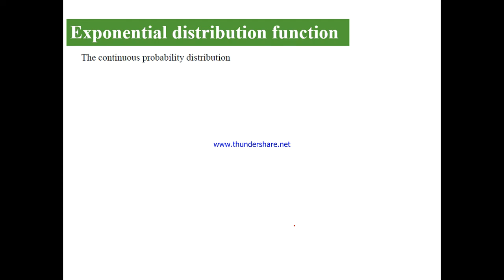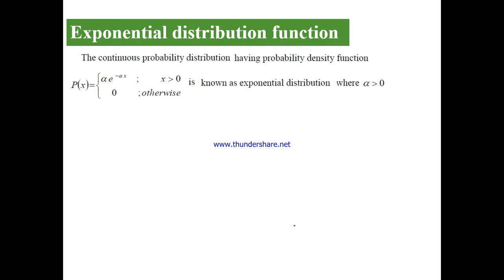The continuous probability distribution having probability density function P of x is equal to alpha into e to the power minus alpha x for x greater than 0, and for the rest of the values, it is 0, is called exponential distribution function, where alpha is greater than 0 and x is called the exponential variate.